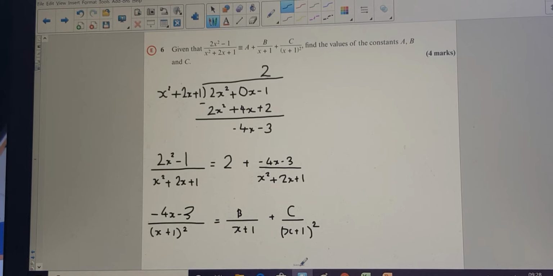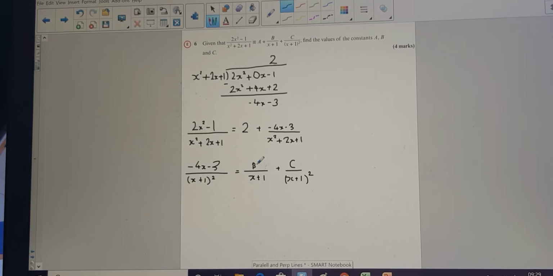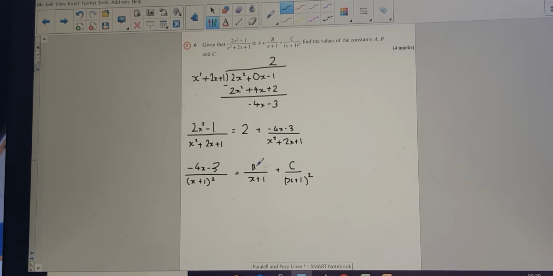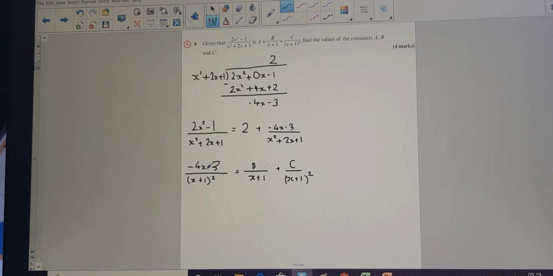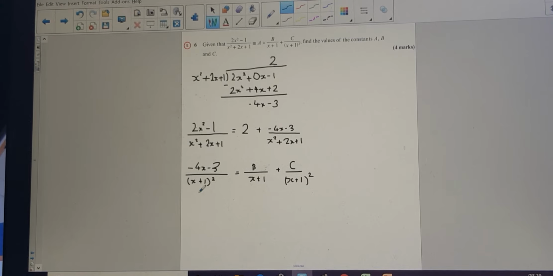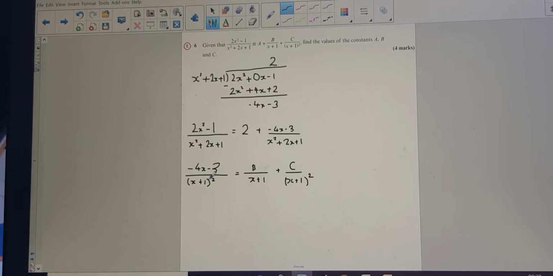Right, so now there's 2 different ways in which we can solve this. The first thing that we'll have to do, and this is essentially what I'm going to do, is multiply both sides by (x + 1) all squared.